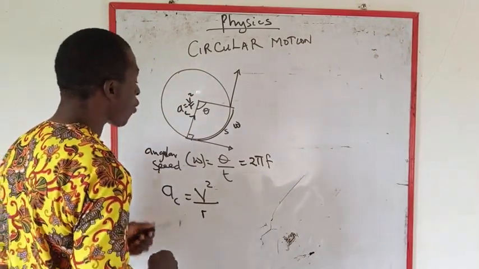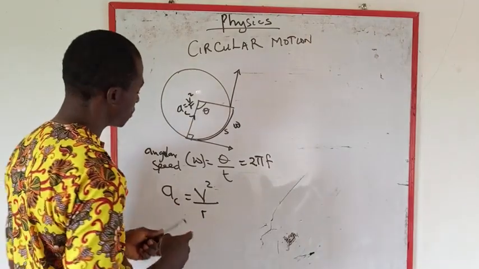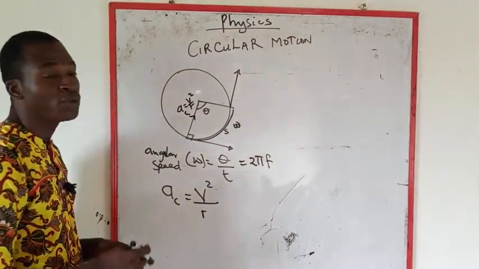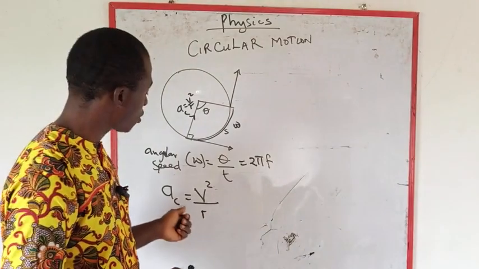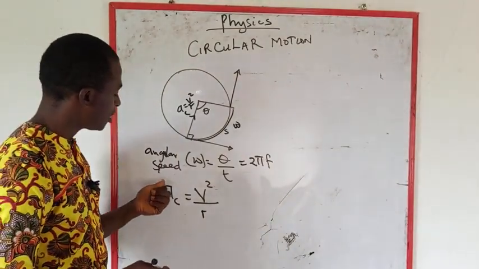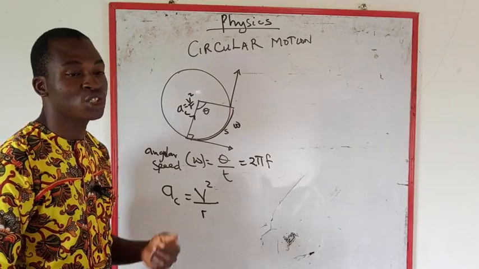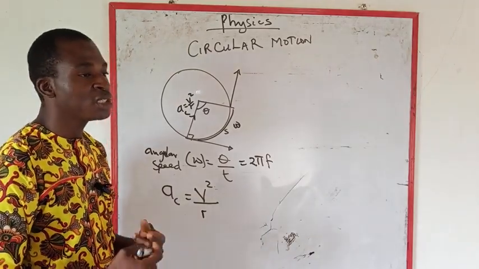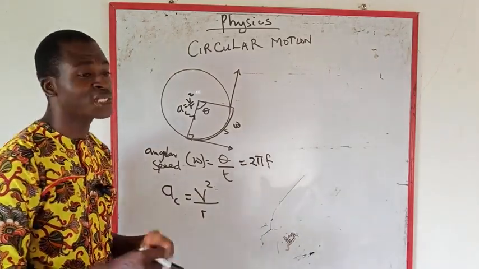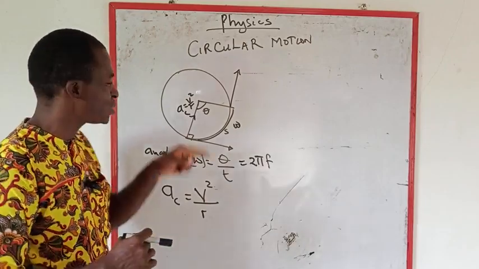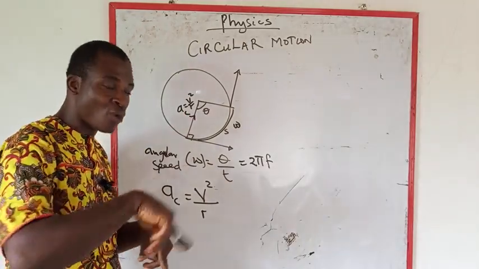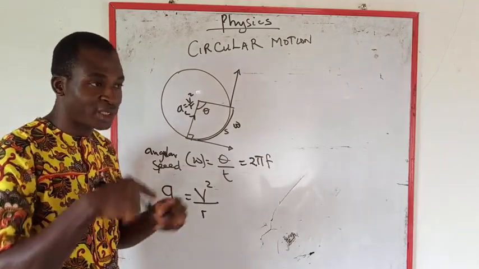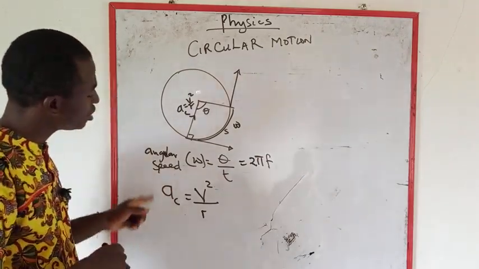And we also have other formula relationships. There's something I've not emphasized here, which is the AC, what we call centripetal acceleration. Centripetal acceleration is the acceleration that is always directed to the center of the circle of that motion.